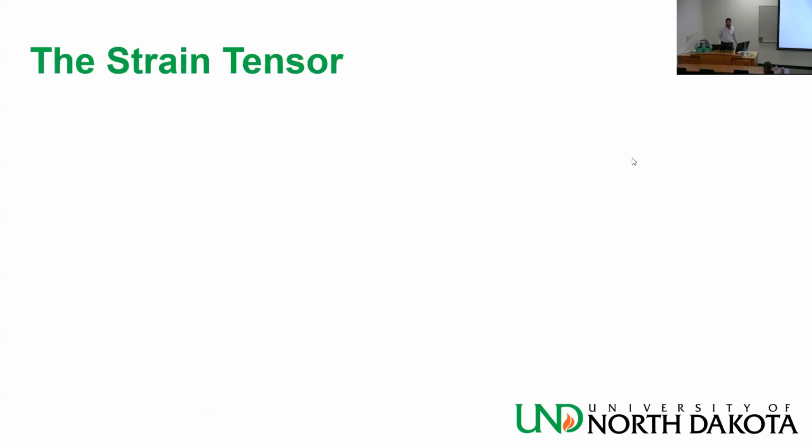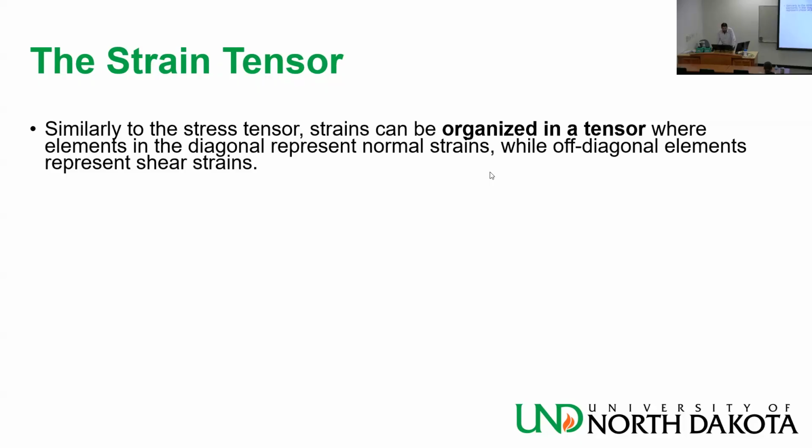So similar to the stress tensor that we talked about in the first module, we do have a strain tensor. It makes sense that we have a strain tensor because we go from one to another. They are both affecting the other, right? You apply stress, you get strain. You have strain, you get induced stresses, etc. So similarly, we have a strain tensor.